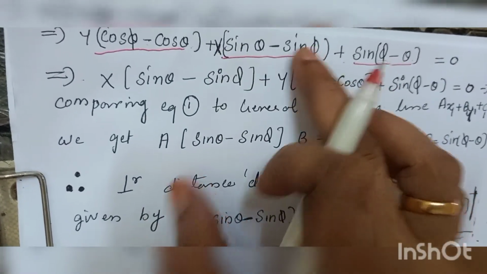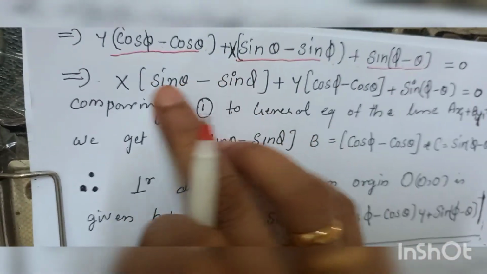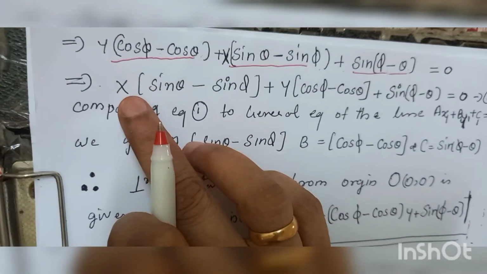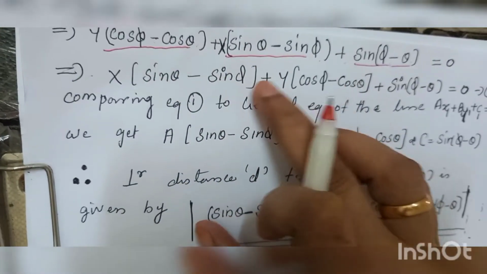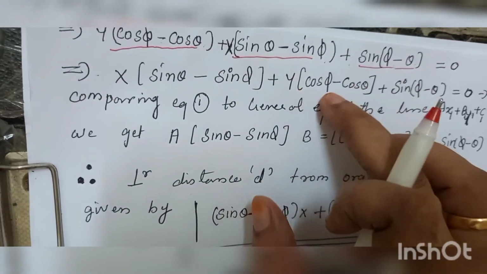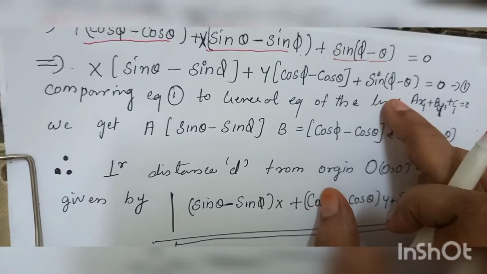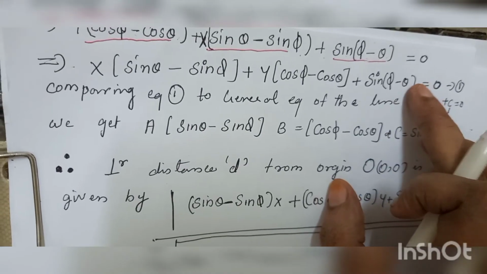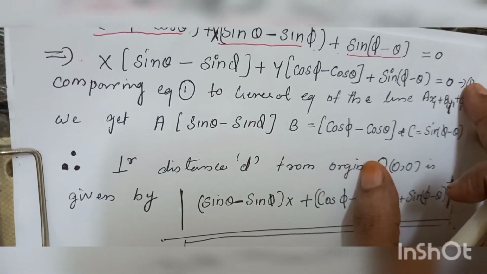Okay, so which implies x, arrange this in order, so we get x into bracket sin theta minus sin phi bracket plus y in bracket cos phi minus cos theta in bracket plus sin in bracket phi minus theta in bracket is equal to 0. This we have to put as equation number 1.